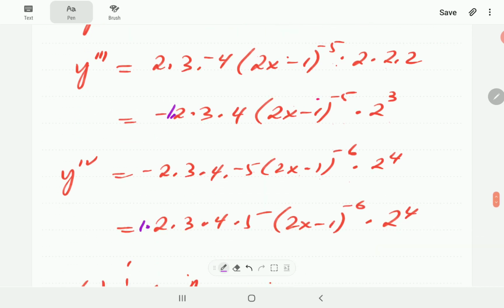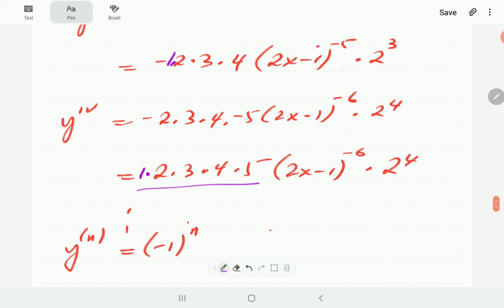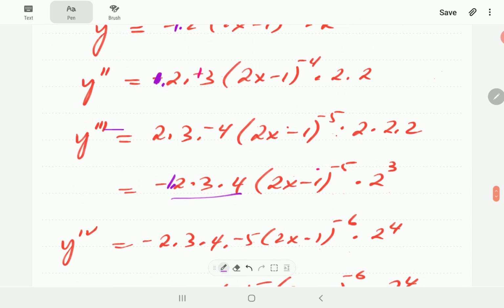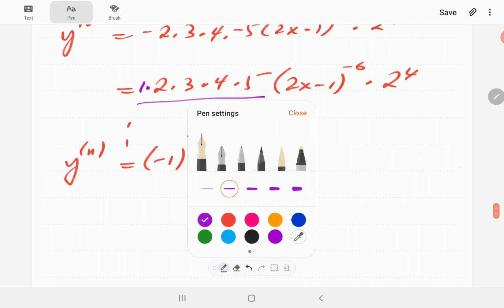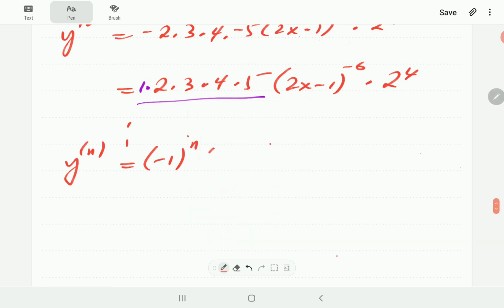So basically this is 5 factorial, this is 4 factorial. For the fourth order derivative, we've got 5 factorial. For the third order derivative, 4 factorial. For the second order derivative, 3 factorial. So for the nth order derivative, we must have n plus 1 factorial. That's what we're going to write here.